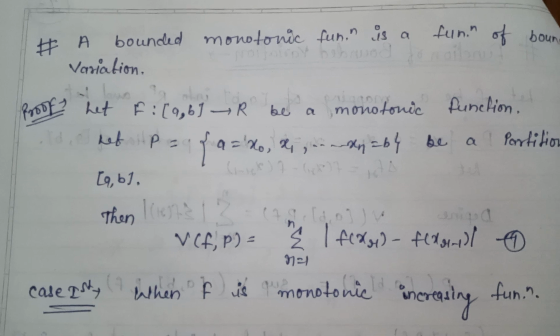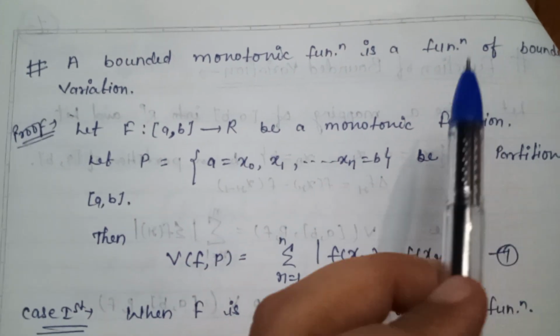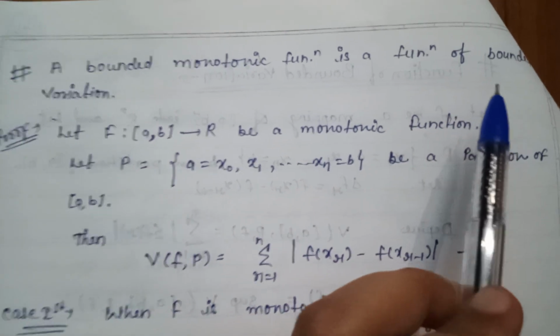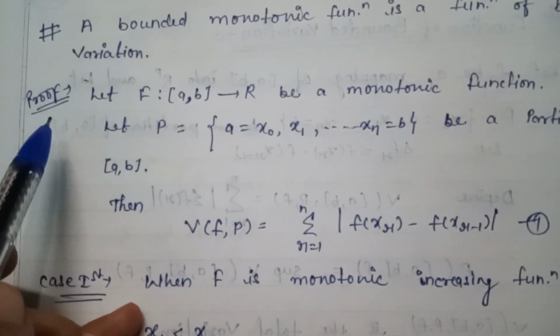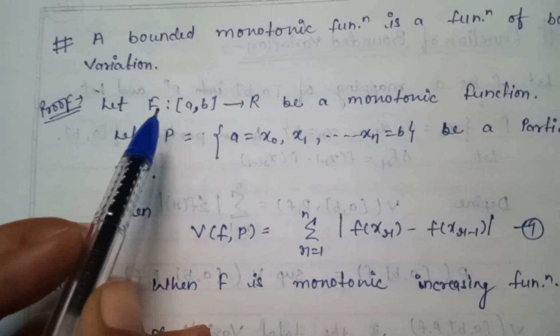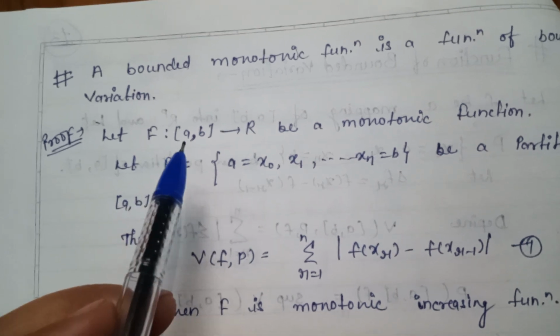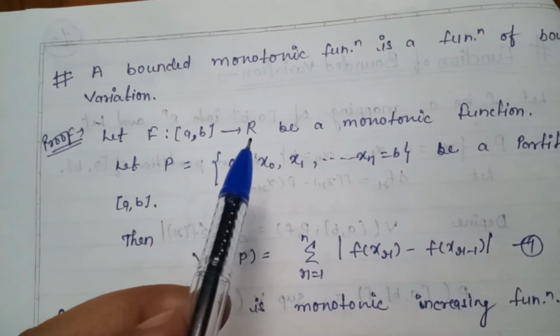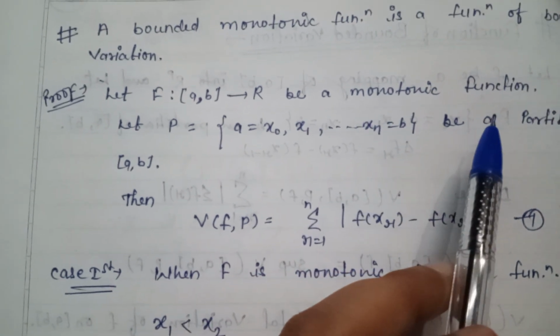Now there is a theorem: a bounded monotonic function is a function of bounded variation. Now let's see its proof. Let f be a mapping [a, b] into R be a monotonic function.